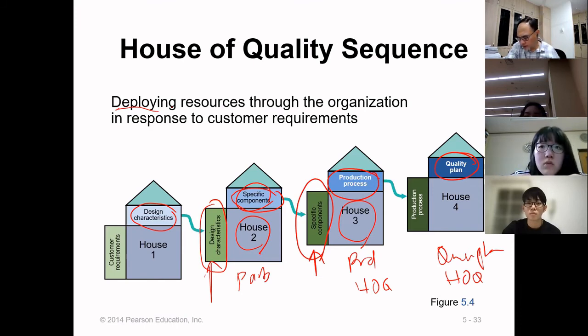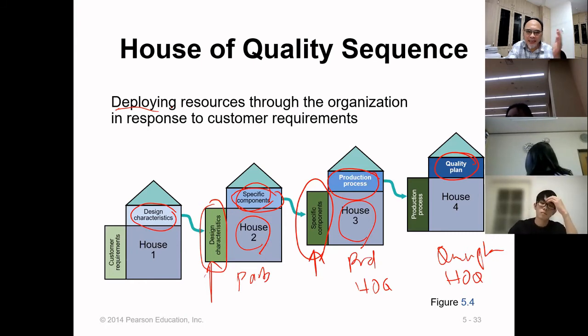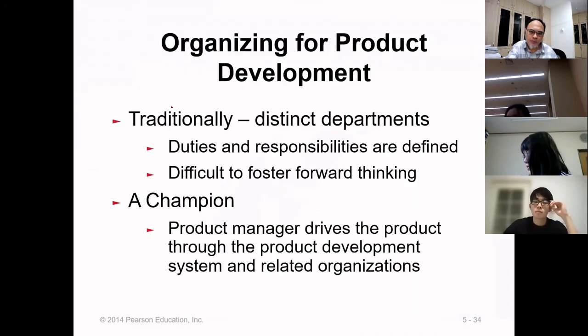Okay, so it is part of our method of trying to translate customer requirements into the company, into the technical requirements. Okay, right. How do companies actually organize themselves for product development? Meaning, how is product development managed?